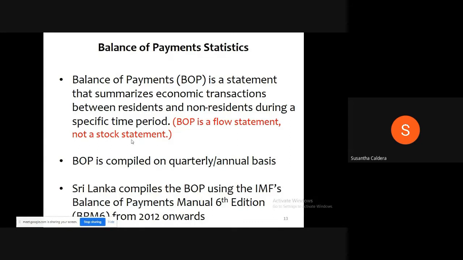Sri Lanka compiles the balance of payment using the IMF's Balance of Payments Manual, 6th edition, from 2012 onwards. When we monitor, we also follow the IMF's Balance of Payments Manual, 6th edition. Right?